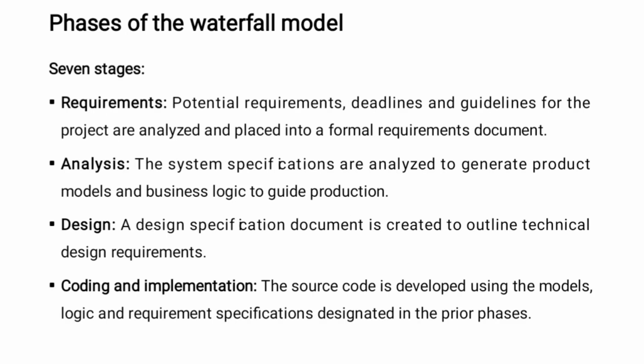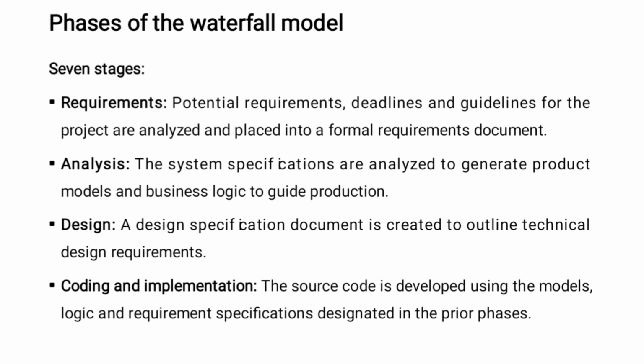In the first stage, requirement, potential requirements, deadlines and guidelines for the project are analyzed and placed into a formal requirement document. Next one is analysis. The system specifications are analyzed to generate product models and business logic to guide production.